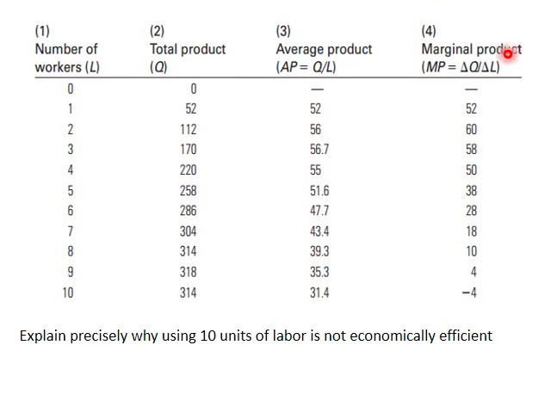In the case of marginal product, first it increases, then it starts to decrease, and ultimately it becomes negative. So it is not economical to add the tenth worker, because it decreases the overall total product from 318 to 314.